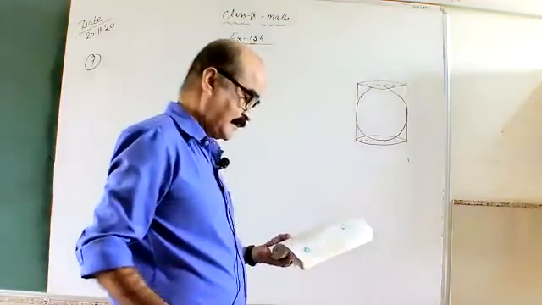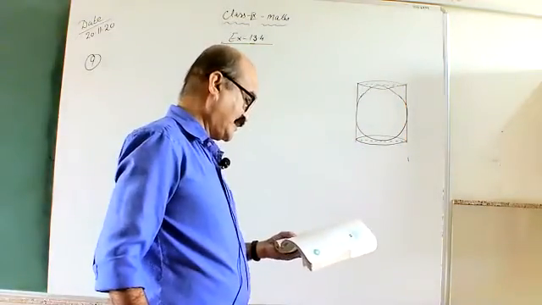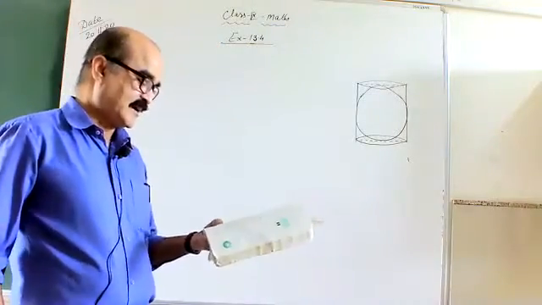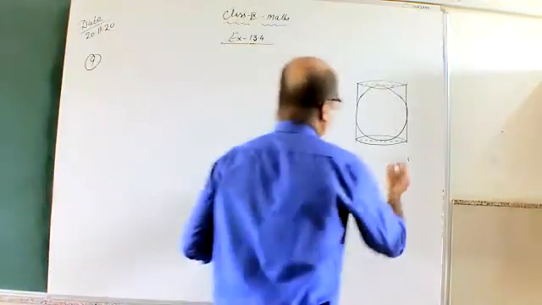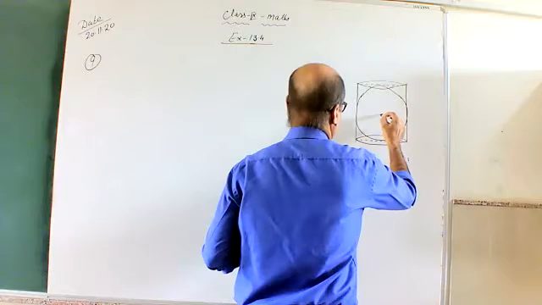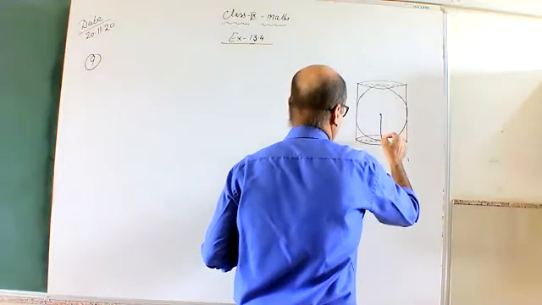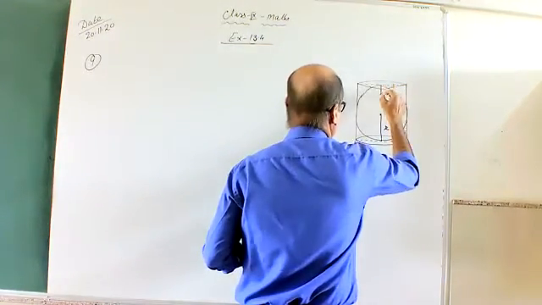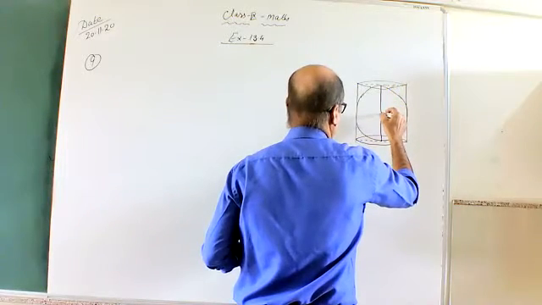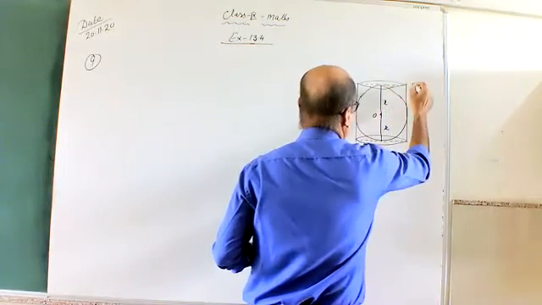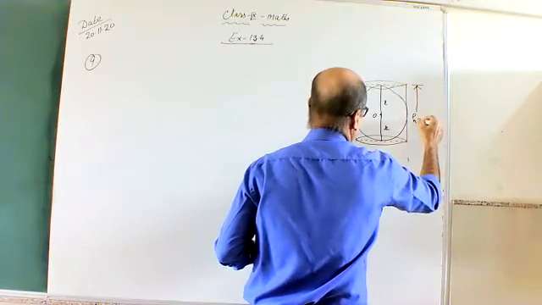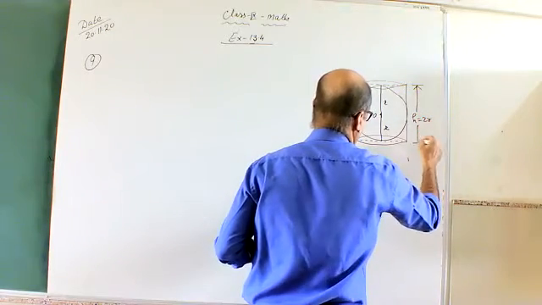What is given is that the cylinder just encloses a sphere of radius r. So the radius of the sphere is r, and the diameter is 2r. So the height of the cylinder will be h equal to 2r.